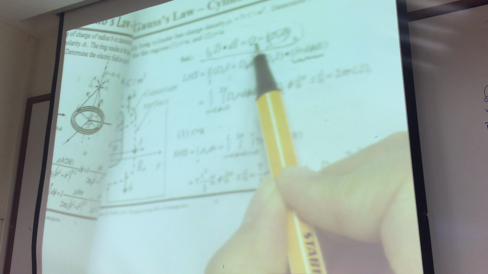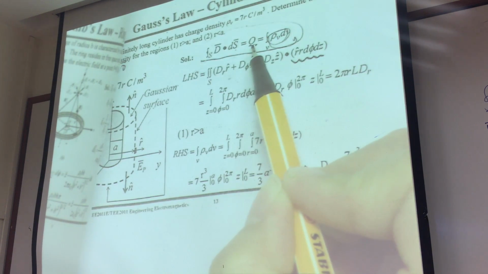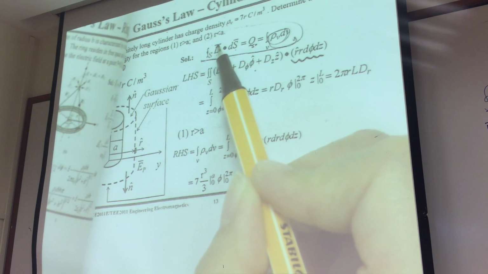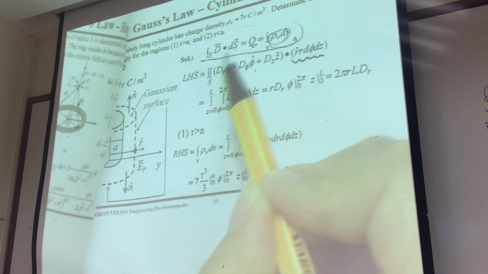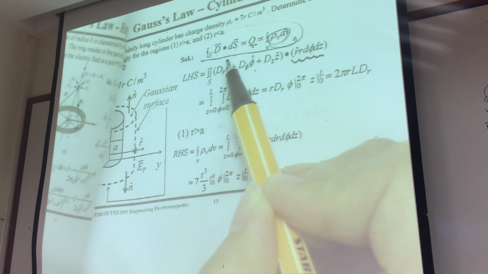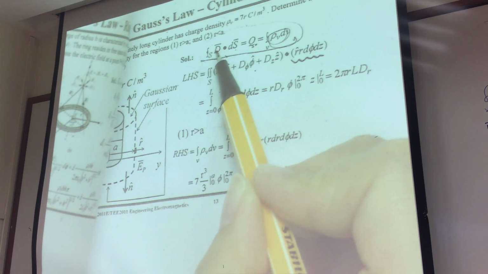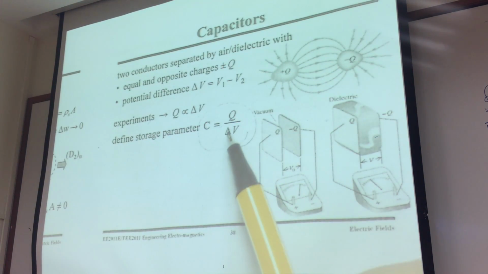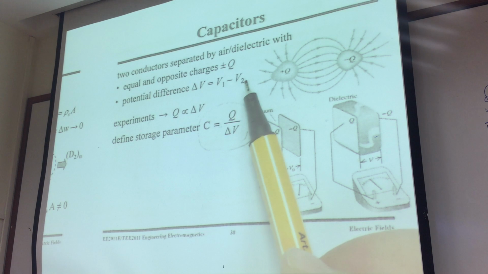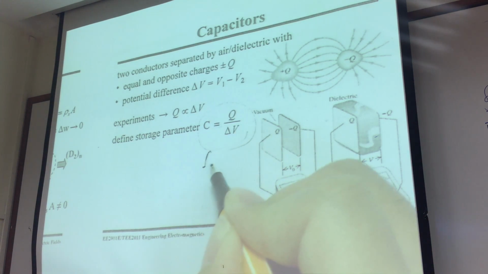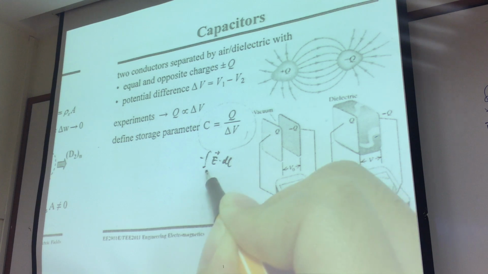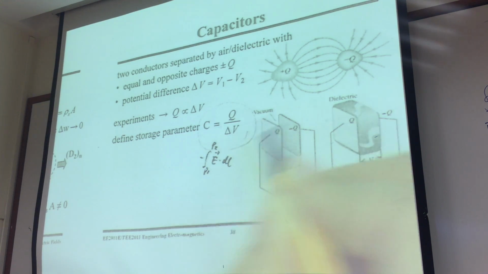If you want to find Q, first you need to find D, or you can substitute D as epsilon E. So you can also find E first, or you can find D first, then you can get Q. That is how you get the numerator here. And then delta V is V1 minus V2. You remember we have a thing that is like this, point 1, point 2, right?